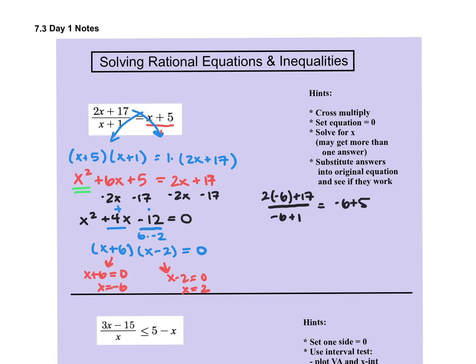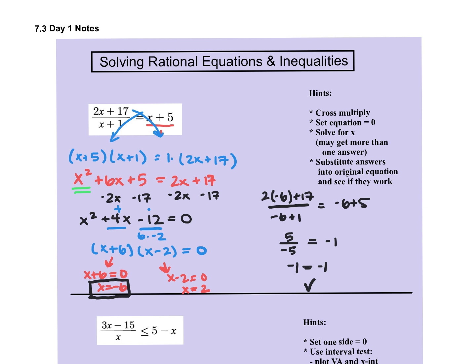On the right-hand side, we're going to get negative 12 plus 17, which is a positive 5. In the denominator on the left-hand side, negative 6 plus 1 is negative 5. On the right-hand side, negative 6 plus 5 is negative 1, which gives me the statement of negative 1 is equal to negative 1. So I know the x value of negative 6 is a solution.